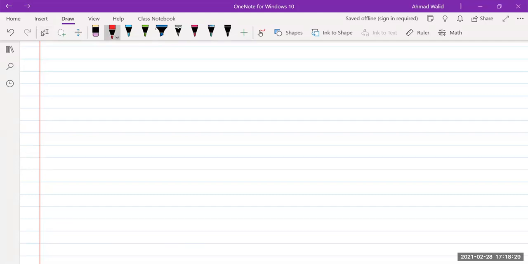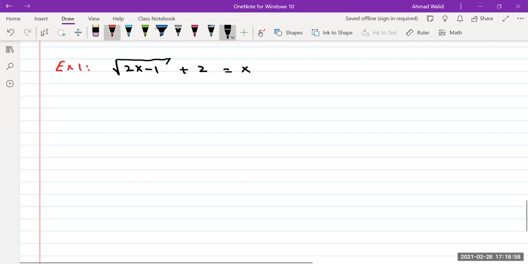I'll copy that one. Solve square root of 2x minus 1 plus 2 equals x. I think we already copied this problem. Step 1, isolate the radical and move the other number to the other side.